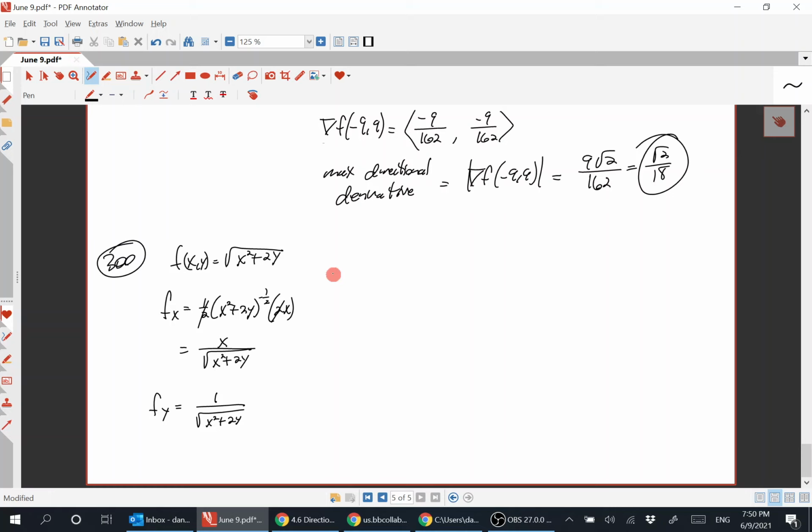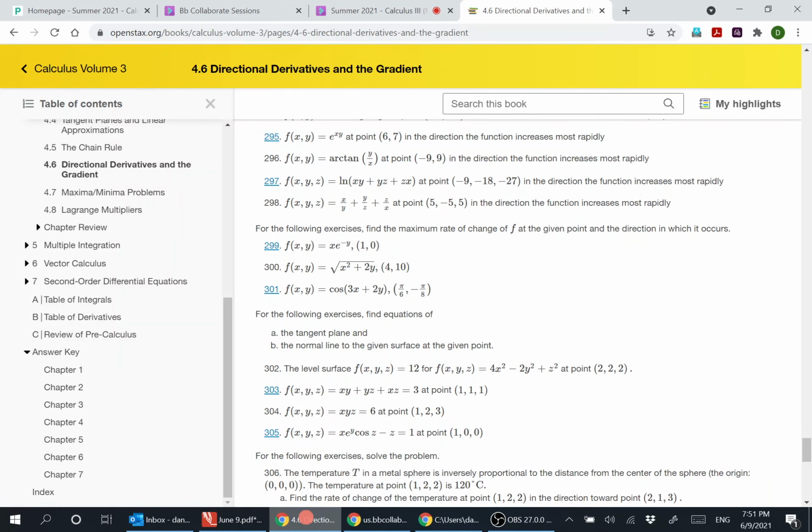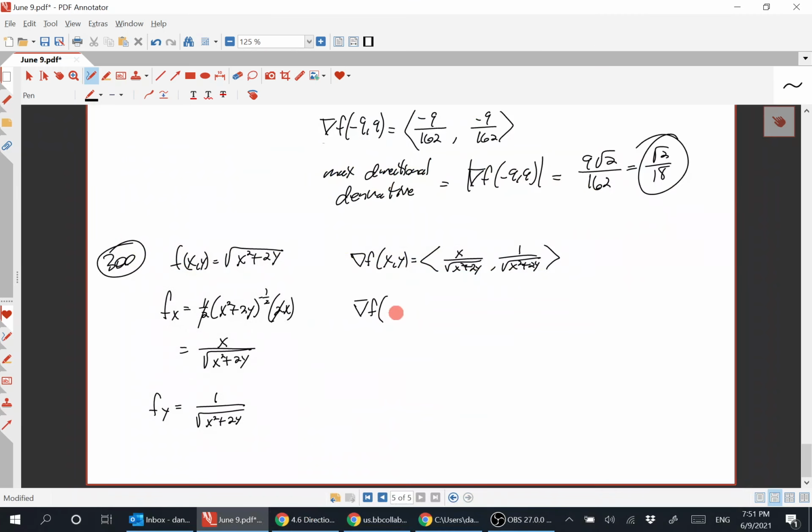Okay, so the gradient of f at x, y is x over the square root, and then 1 over the square root of x squared plus 2y. So the gradient of f at the point that we're interested in is 410.